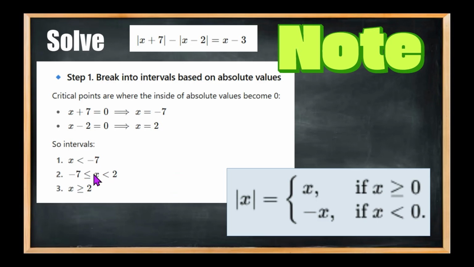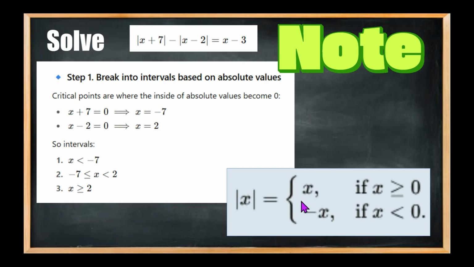Whenever there is a greater than, x is greater than something, that's where you have to put the equal to when creating the intervals. Here x is greater than minus 7, so with the greater than, you put an equal to here. Same here, x is greater than 2, so put an equal to here.